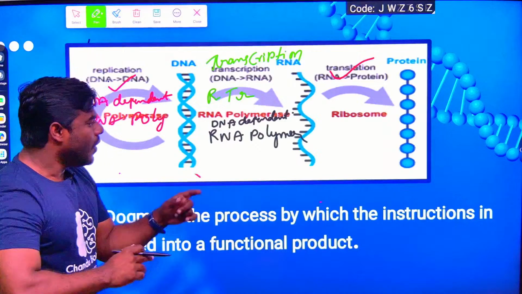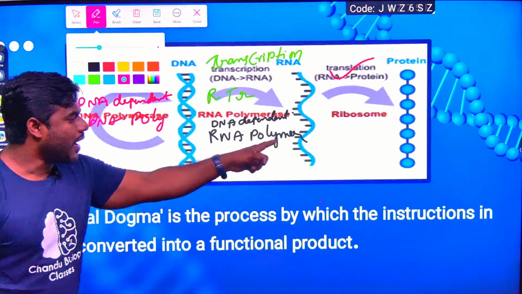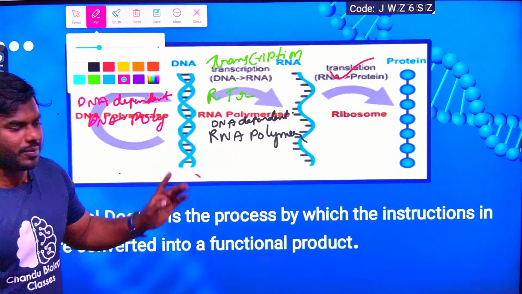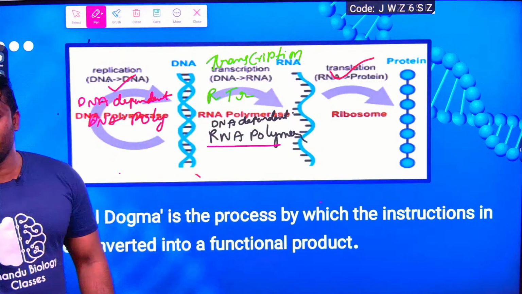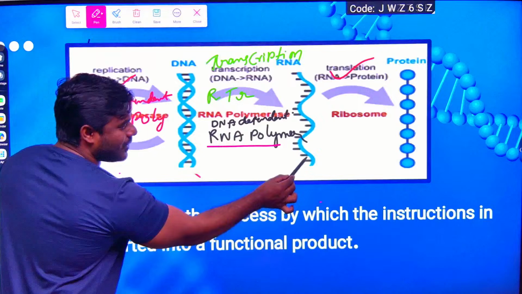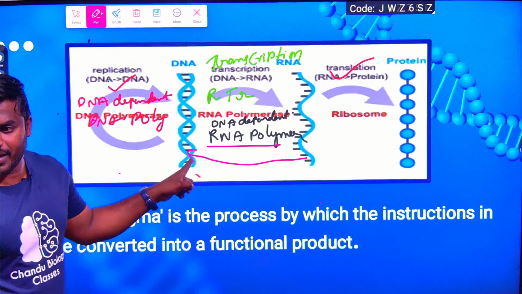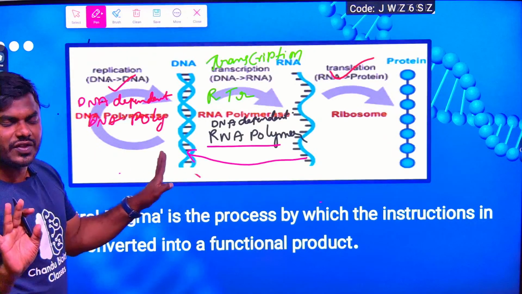Absolutely true. What is the enzyme that is involved in the synthesis of RNA from the DNA? DNA dependent RNA polymerase. Crystal clear. Now in the reverse transcription, what is happening? Tell me. First tell me, I am synthesizing what? DNA. Correct na? So what is the enzyme that is involved in the synthesis of the DNA?